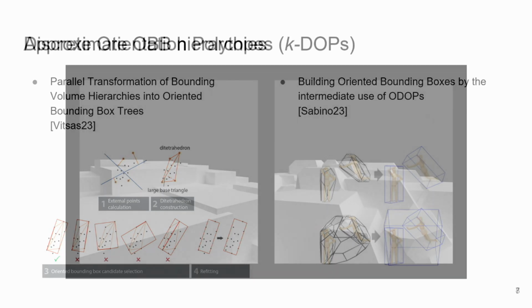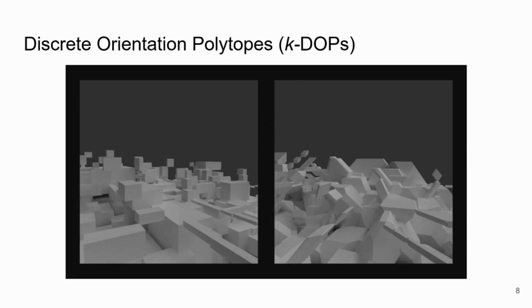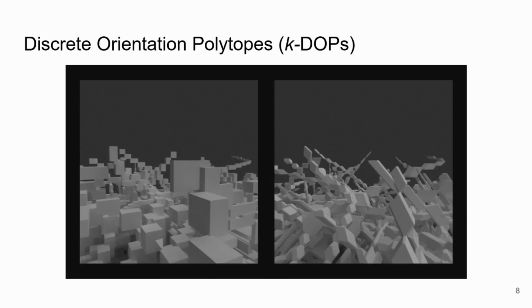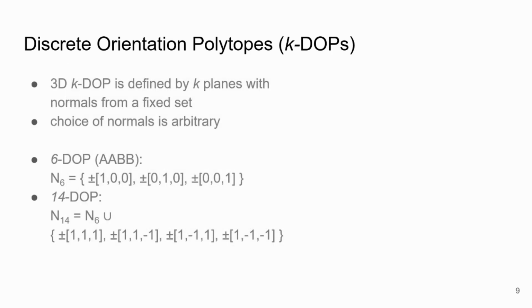So let me show you some k-DOPs and what they actually are. They certainly look cool, and you can clearly see that they provide a tighter fit to the underlying geometry. But what are they? So from a mathematical standpoint, a polytope, or k-polytope, is an n-dimensional object defined as an intersection of k hyperplanes.